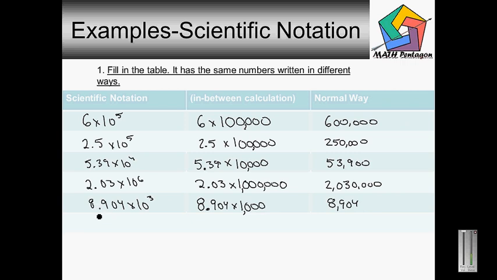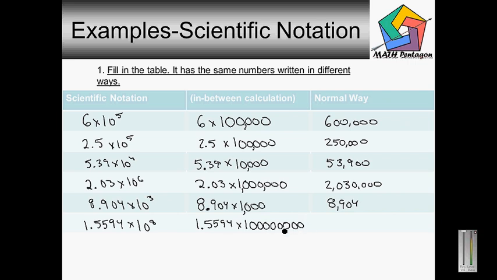Okay, let's do another one. We have 1.5594 times 10 to the 8th power. So we write it out in the in-between calculation, 1.5594 times, we have 8 zeros plus the 1, so we have 1 and 8 zeros, 1, 2, 3, 4, 5, 6, 7, 8.